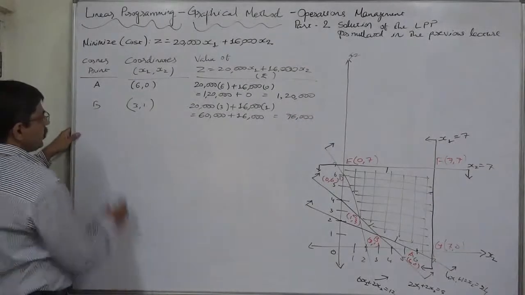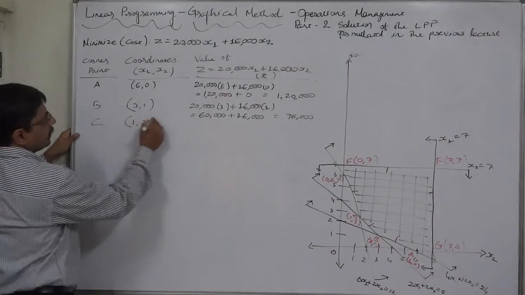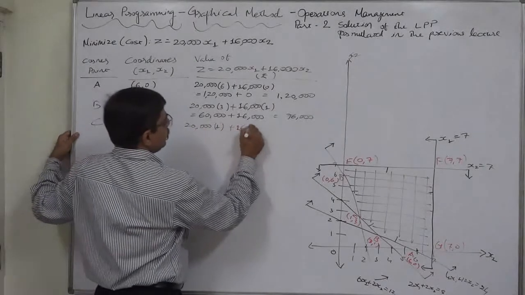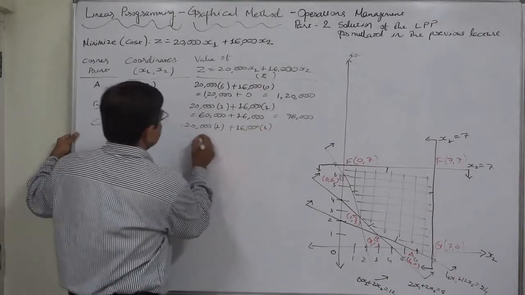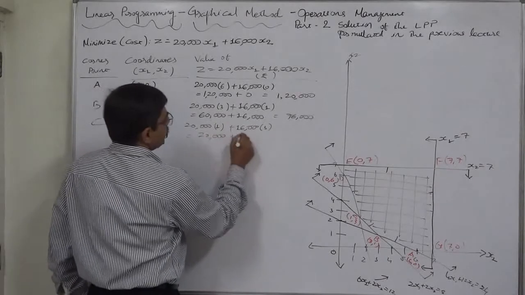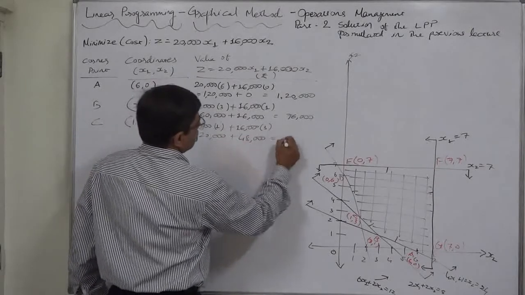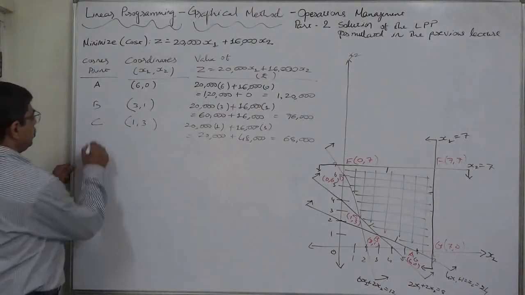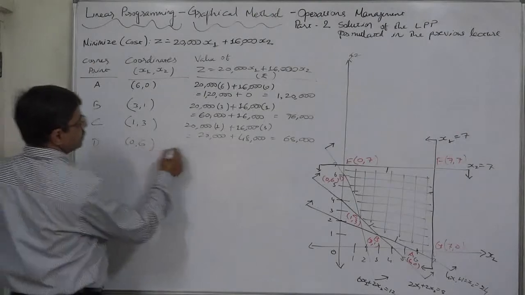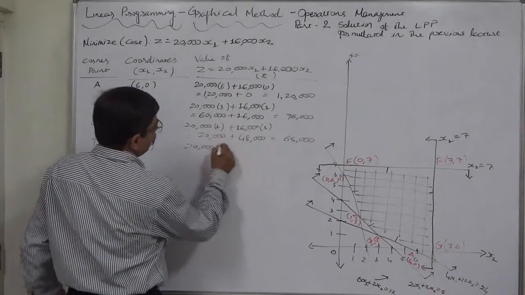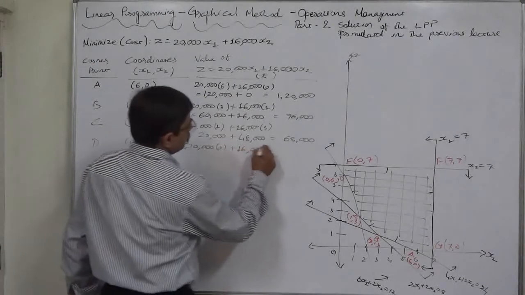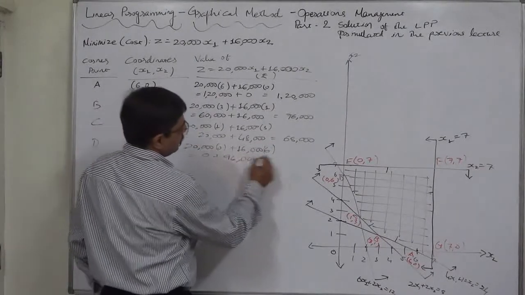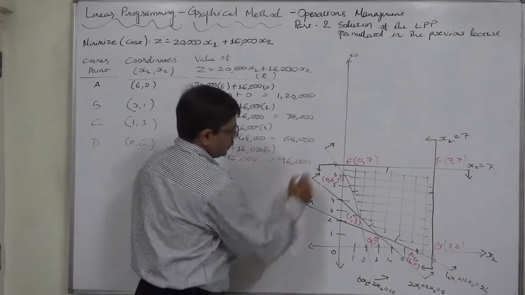Remember, this is a minimization problem. C, 1 and 3: 20,000 into 1 plus 16,000 into 3, that is 20,000 plus 48,000, 68,000. D, 0 and 6: 20,000 into 0 plus 16,000 into 6 equals 0 plus 96,000, that is 96,000.